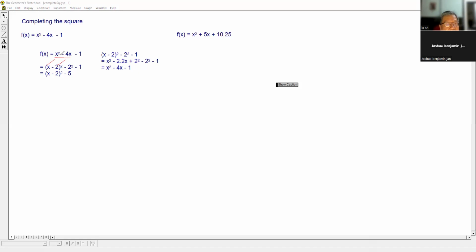Then this thing is not the same as this. These two terms become 3 terms. You have to minus the number inside here, square. I say if it's 2, then you have to minus 2 square. Then the last number, you just copy back the same. No need to change.